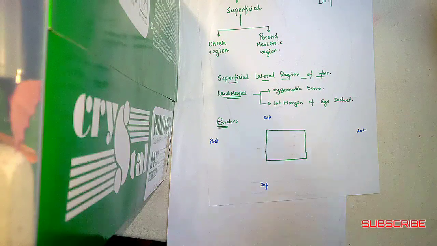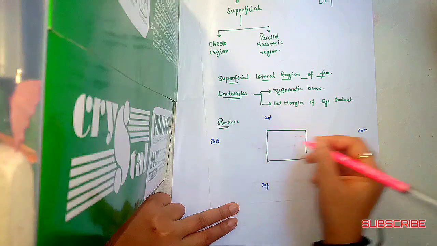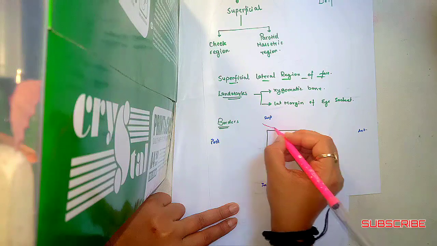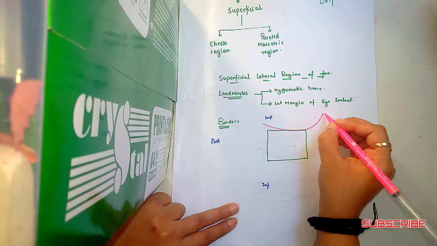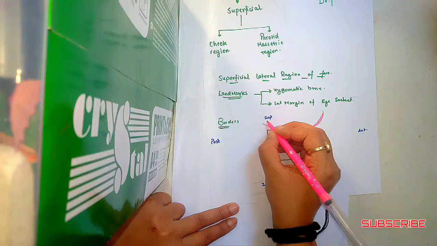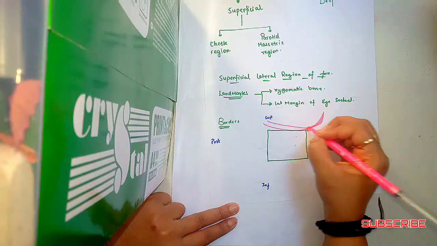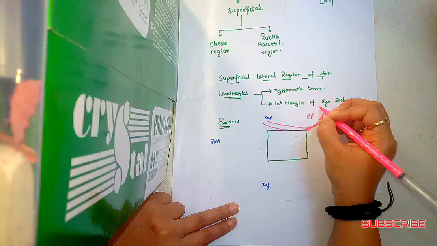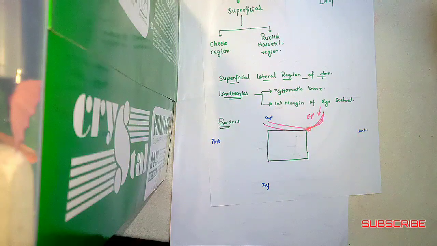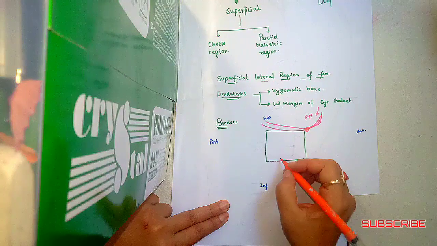Superiorly we have the zygomatic arch or zygomatic bone and the margin of the eye socket, from here till here. Inferiorly we have the mandible, the inferior margin of the mandible, like this.